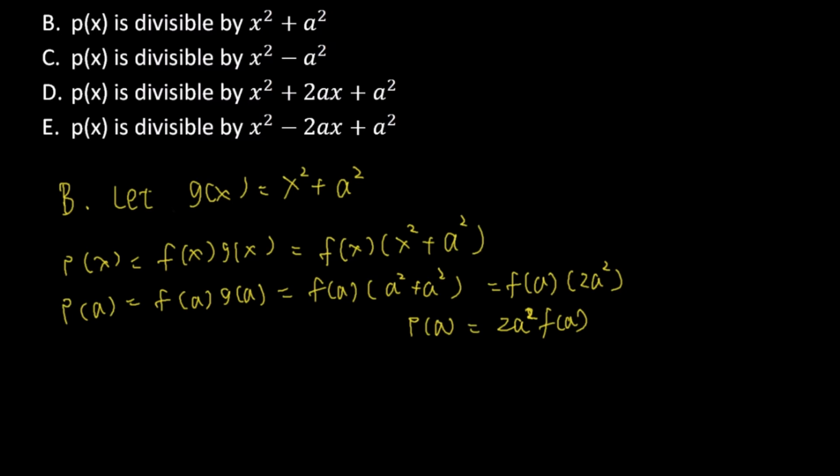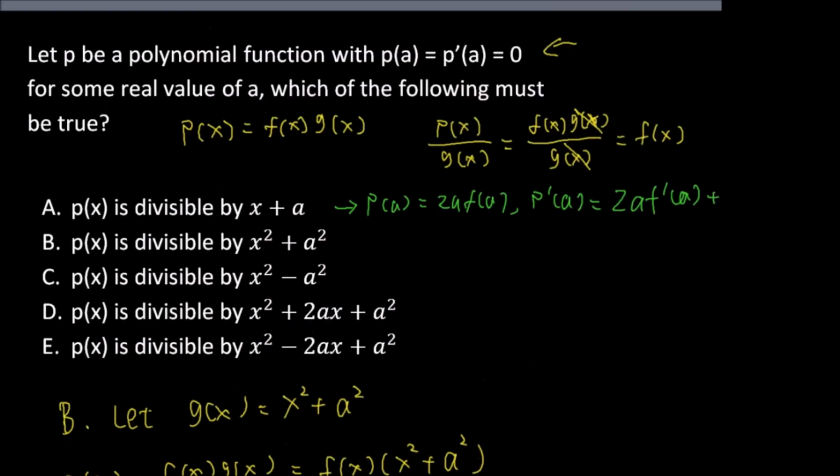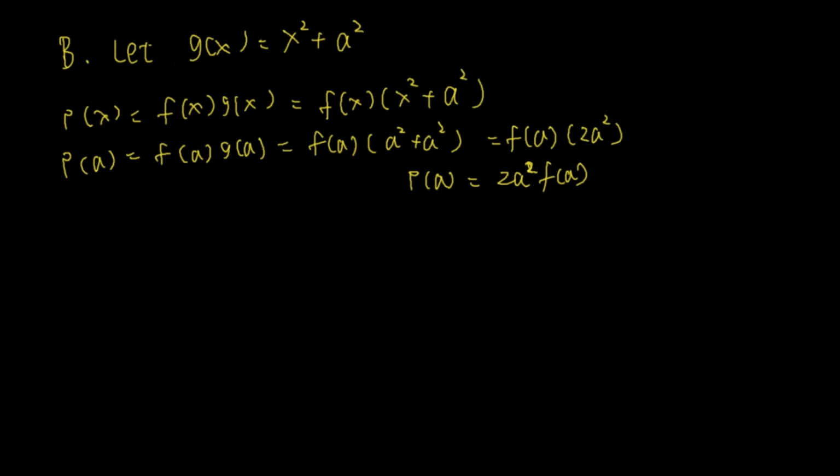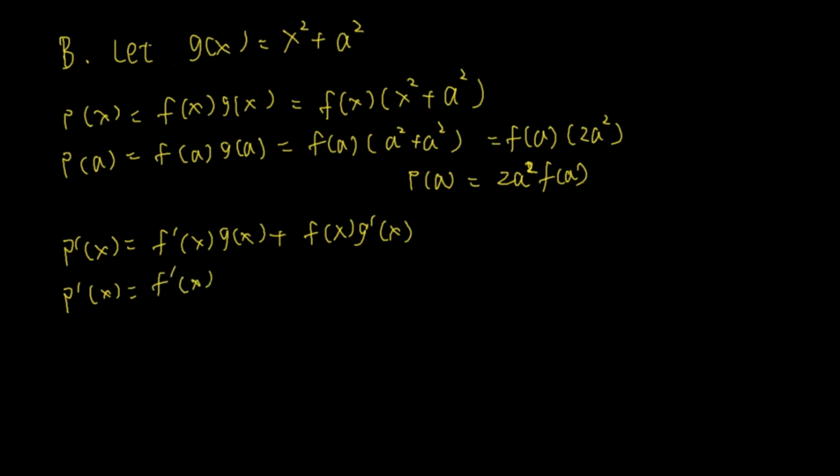Okay, let's look at P prime at A, because we have to meet two conditions here in the question. I will start with P prime at X, and that's equal to F prime at X times G at X plus F at X times G prime at X. So that's the derivative of P at X. We don't know what F at X is, so we also don't know what F prime at X is, so we'll keep it as F prime at X. But we know what G at X is.